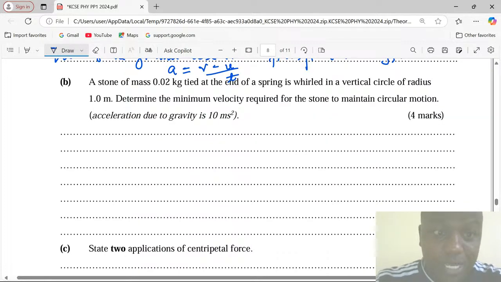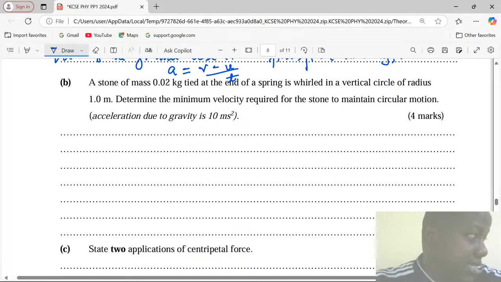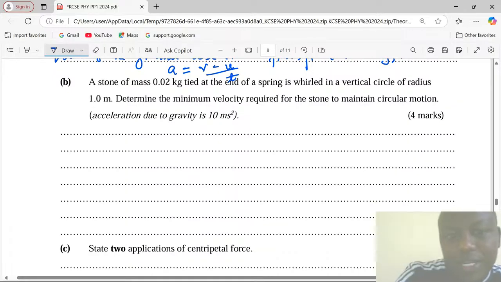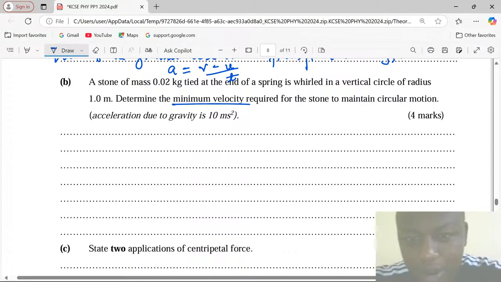Look, part B. A stone of mass 0.02 kilograms tied at the end of a spring is whirled in a vertical circle of radius 1.0 meters. Determine the minimum velocity required for the stone to maintain circular motion.